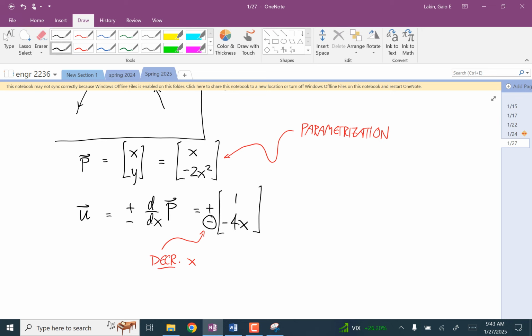Okay, so now think of multiplying this vector by negative 1, and you just get negative 1, positive 2x. So that's a vector with an unknown length, but in the direction of motion. Everyone with me on that?